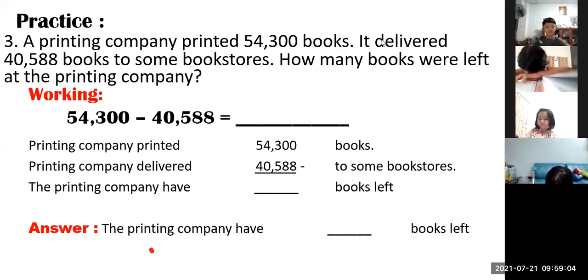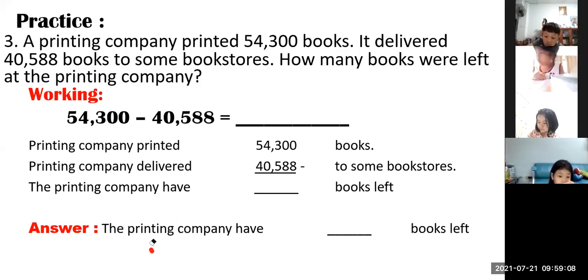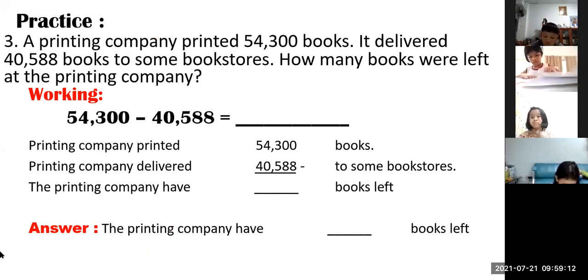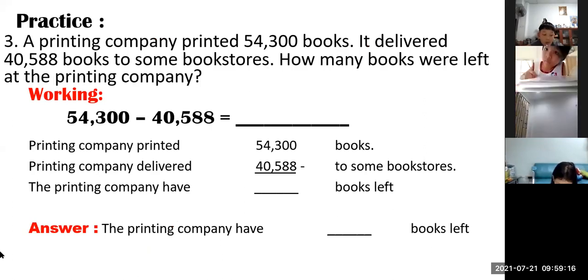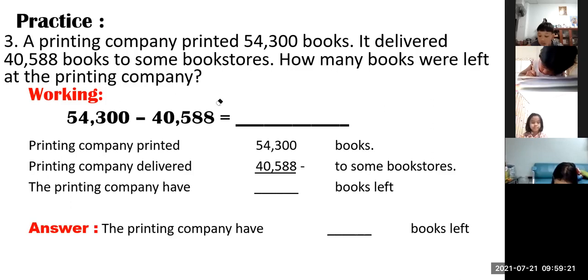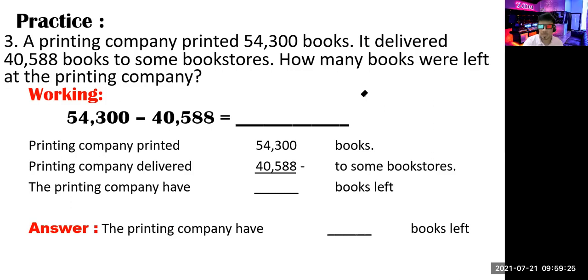Now in number 3, it says here, a printing company printed 54,300 books, and it delivered 40,588 books to some bookstores. So how many books are left at the printing company now? We will use the minus sign so that we will know the number of books left in the company.